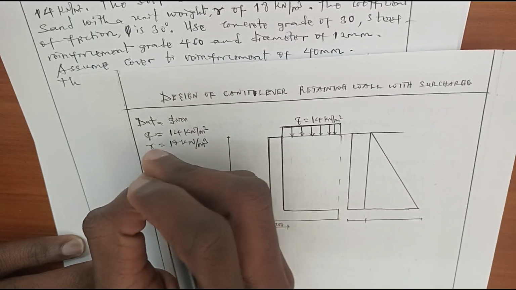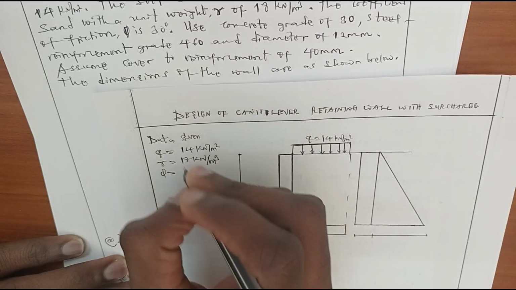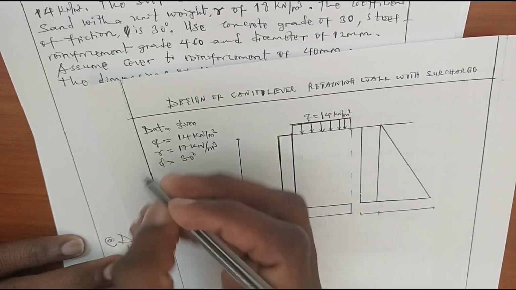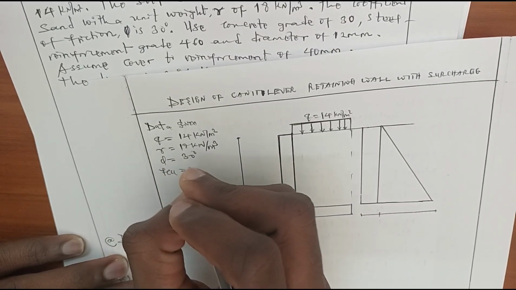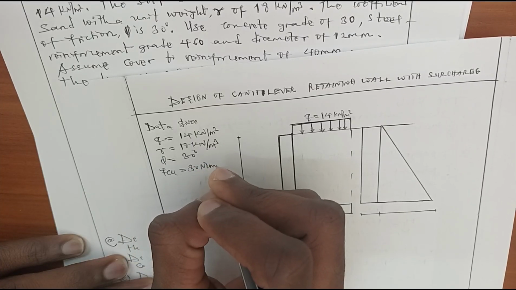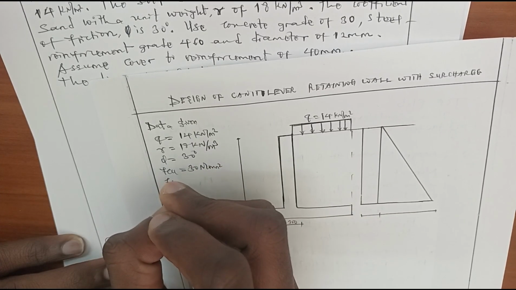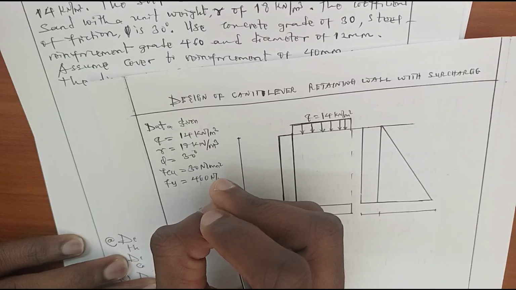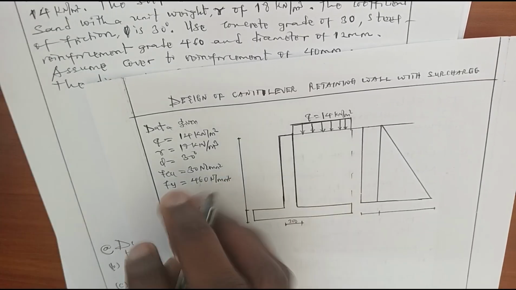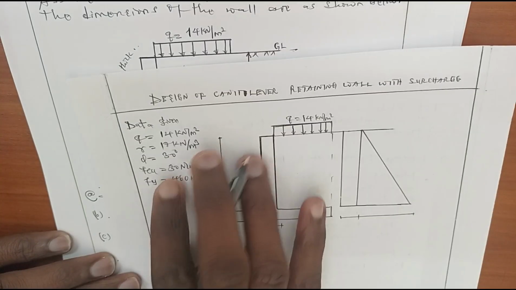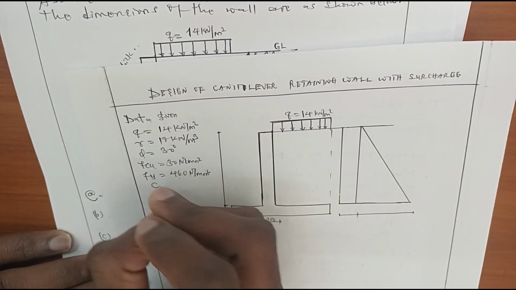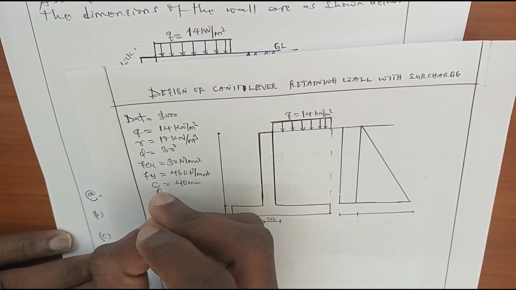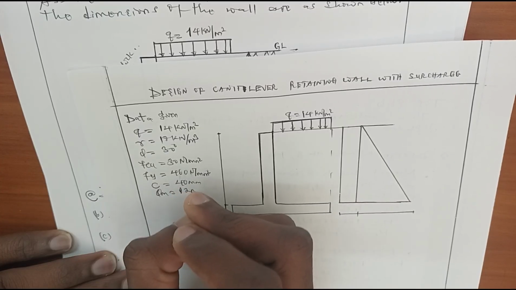The coefficient of internal friction is 30 degree, and the concrete strength, which is fcu, is also 30 Newton per millimeter square, and the reinforcement strength, which is fy, is 460 Newton per millimeter square. Also, we have the concrete cover of 40 millimeter, and the diameter of main reinforcement is 12 millimeter.